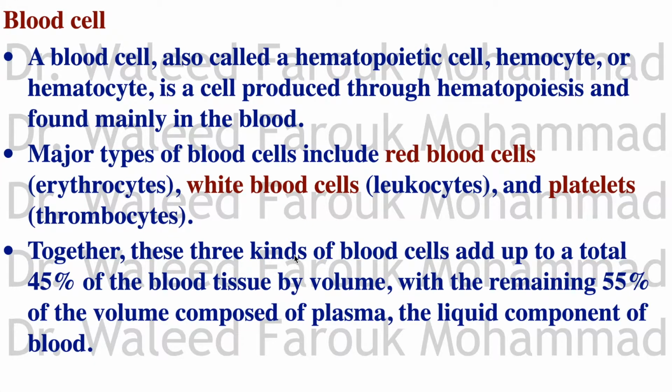The major types are red blood corpuscles, white blood cells, and platelets. Together the blood cells constitute 45% of the blood tissue by volume. The remaining 55% is plasma, the liquid component of blood.